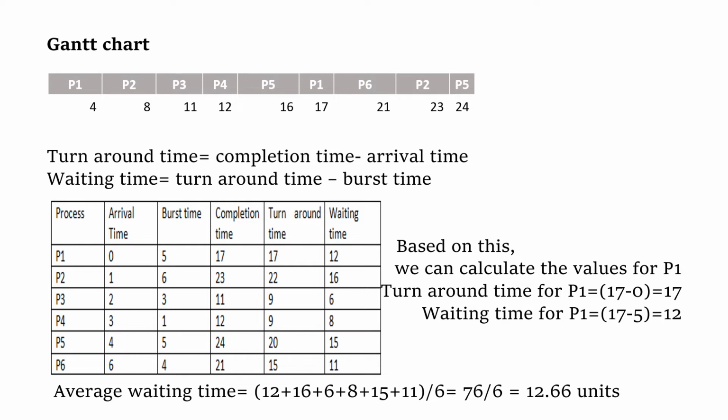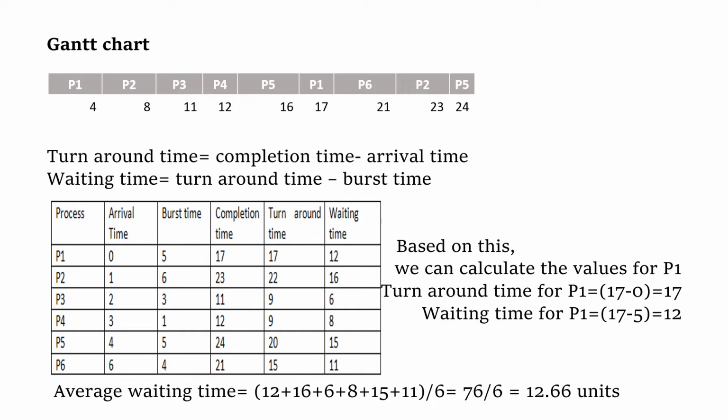This Gantt chart has the sequence of execution of these processes, and it also has the completion time. So the completion time values we can see from the Gantt chart.